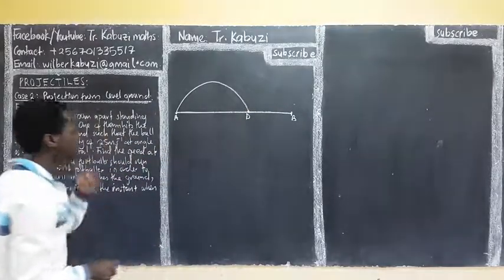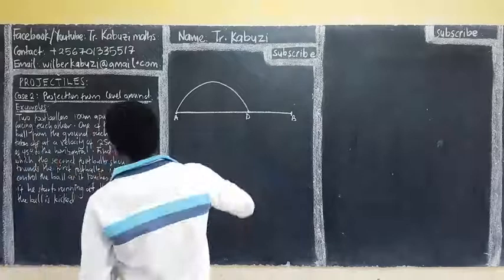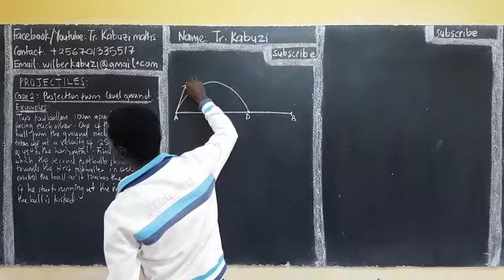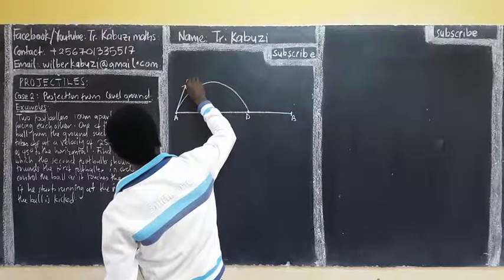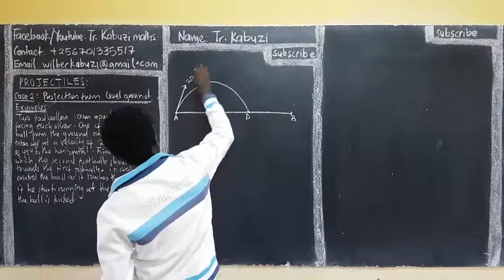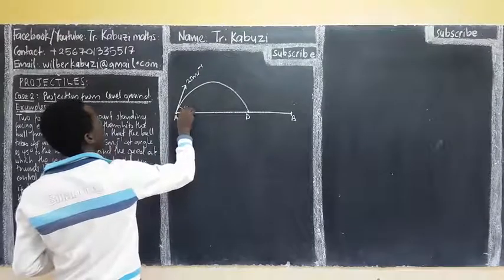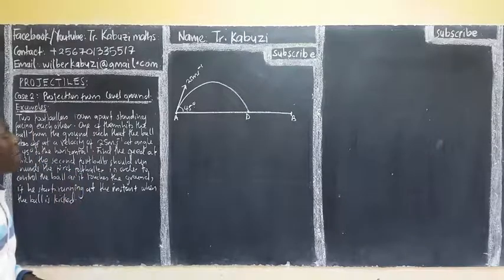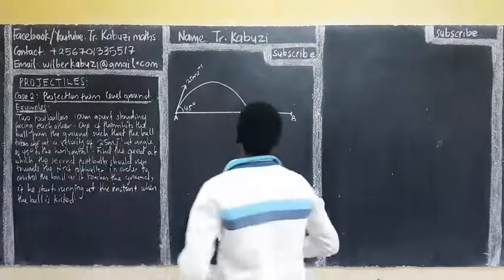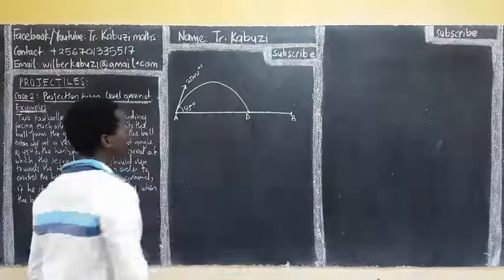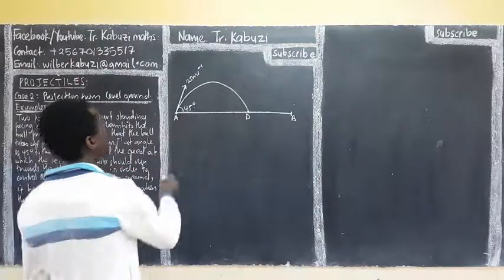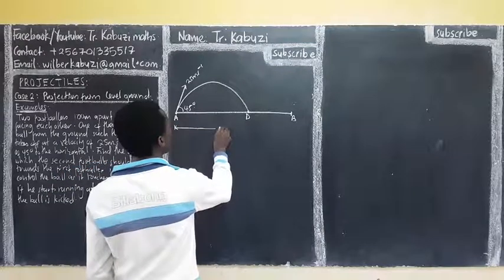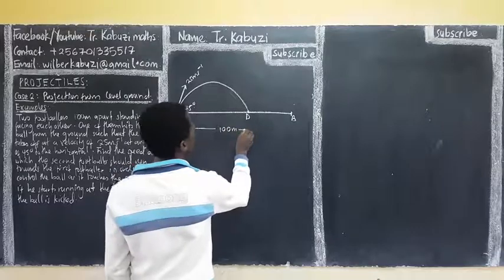Now, the ball was kicked at the speed of 25 meters per second, and at an angle of 45 degrees. Whenever I see this 45, it means it's going to cover the maximum distance, as we saw. But now I'm assuming they are standing 100 meters apart. So from here up to here is 100 meters.